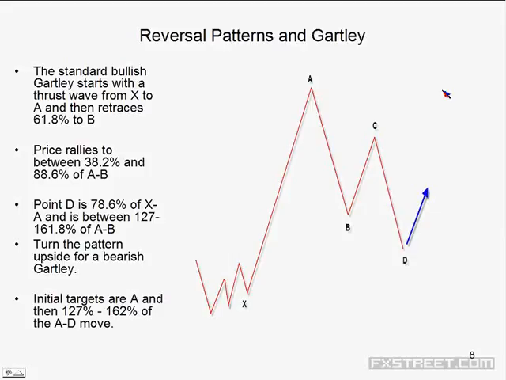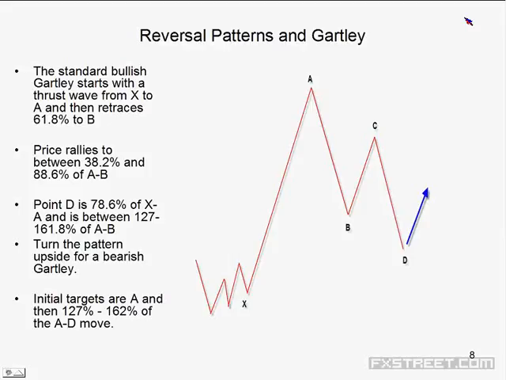But then after that, measuring the move down from A to D, targets will be multiples of that A to D move. We then measure up using a fib grid, which will take it to 127, 161.8, and that is a typical target where price then moves on.